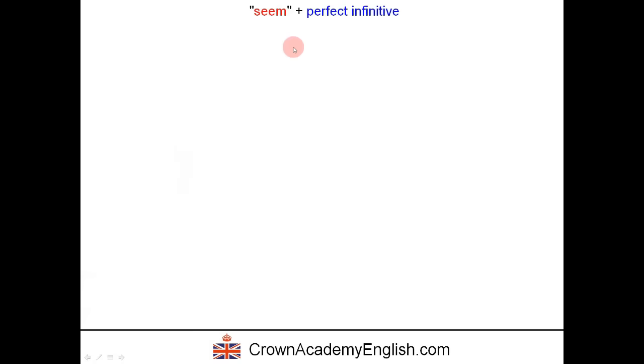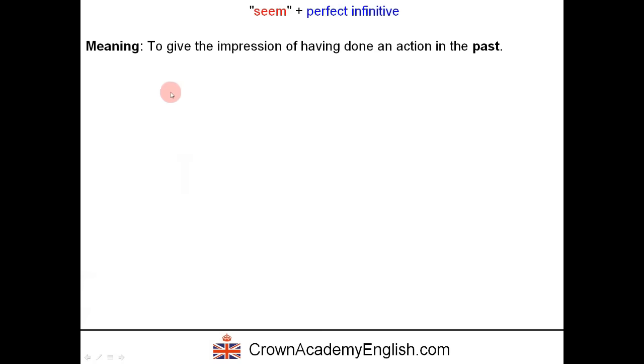And finally, seem followed by the perfect infinitive. So this means to give the impression of having done an action in the past. Okay, so the impression is in the present, and our impression in the present is based on an action in the past.